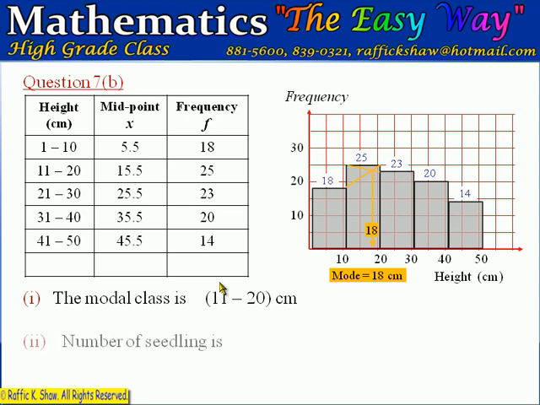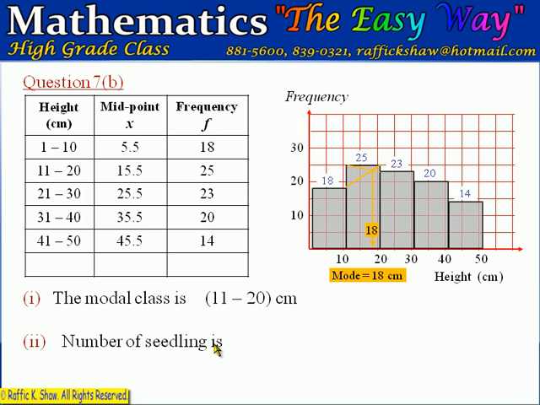Now the second part is asking us for the number of seedlings. This table is showing us that there are 18 seedlings in this class, 25 seedlings in this second class, 23 seedlings in this third class, 20 other seedlings in this fourth class, and 14 seedlings in this class.